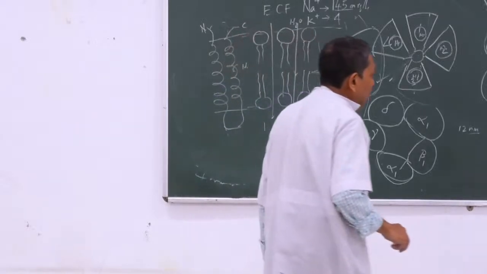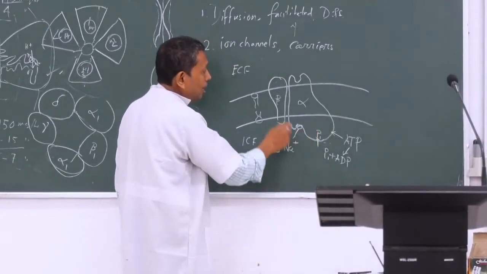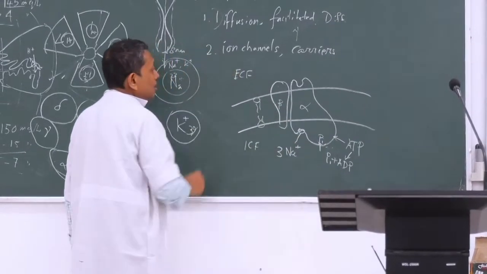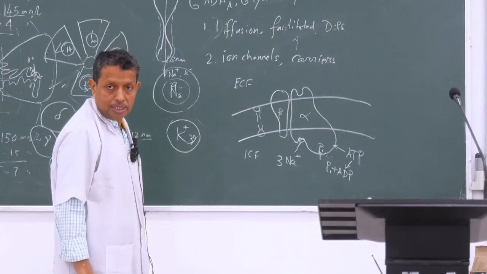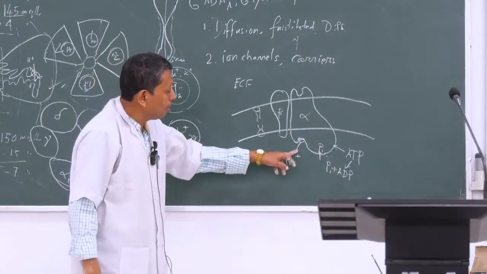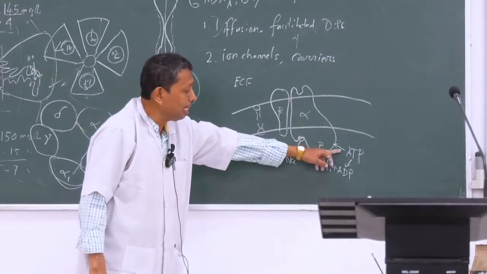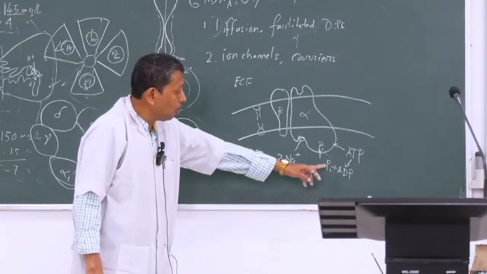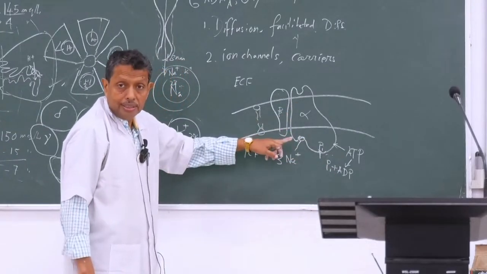And whenever sodium binds, then it is activated, sodium potassium ATPase it is called. When 3 sodium ions unite with this sodium binding site, and it is the ATP binding site, ATP is broken down into Pi and ADP, and there is some conformational change.